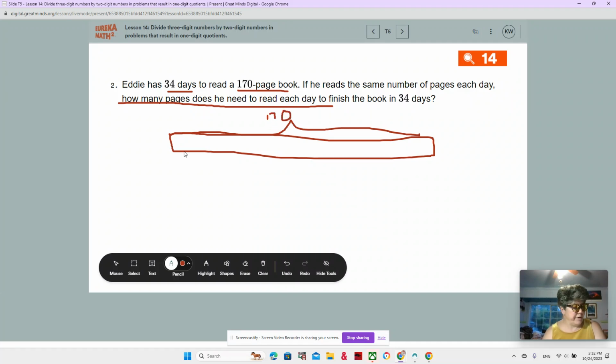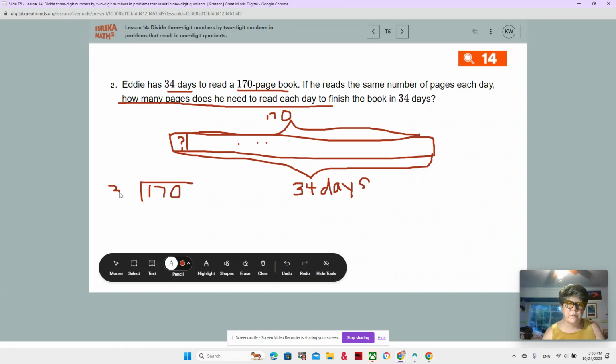And he has 34 days. So we know how many days he has, right? 34 days. Kind of like our last problem, right? 34 days. And we don't know how many pages he's reading in each day. So there's where our unknown is, right? Okay, so our dividend is 170. Our divisor is 34.